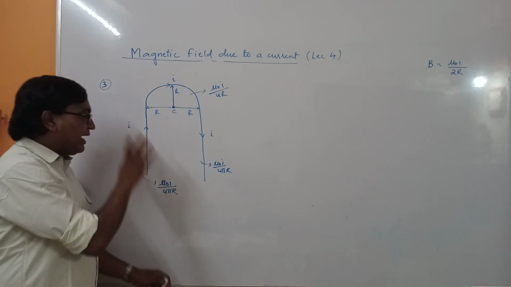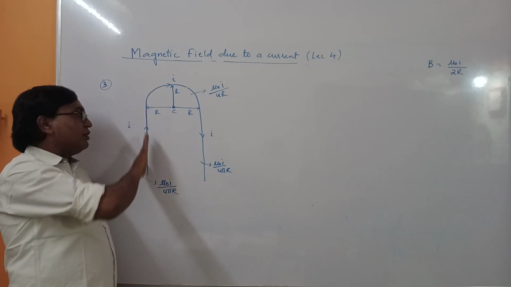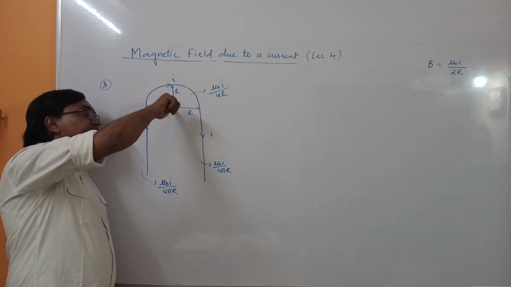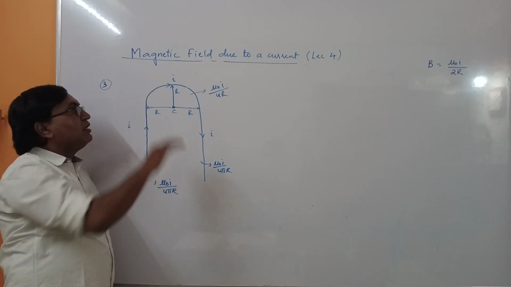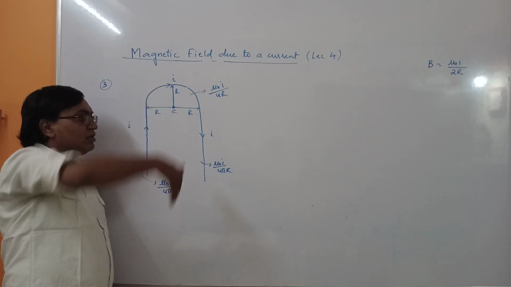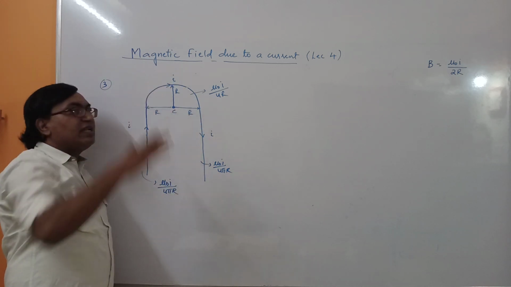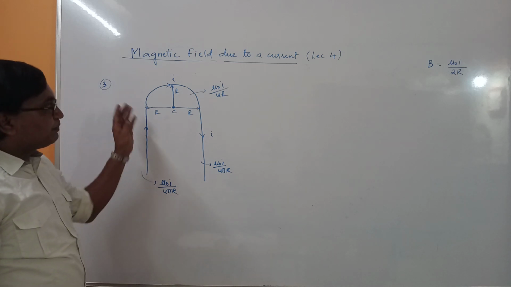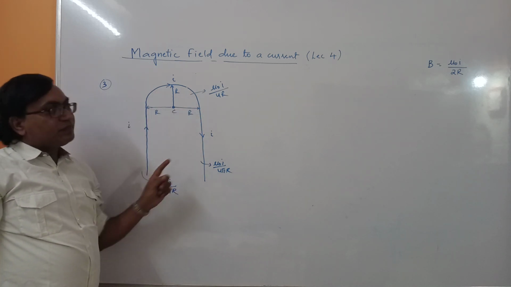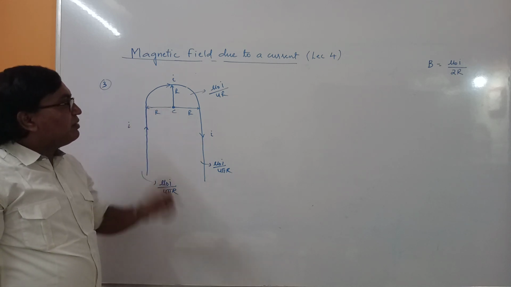Now let us see the direction. Due to this wire, the magnetic field at point C is inside the board. Then similarly due to this wire, the magnetic field is inside the board. Due to this wire, the magnetic field is inside the board. So we have the magnetic field due to all the current elements inside the board.